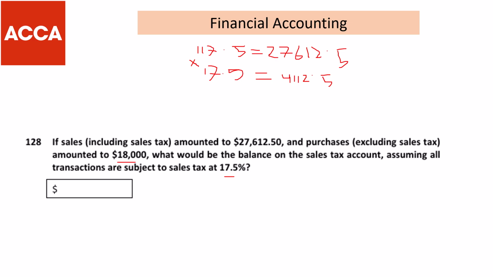What about the one on purchases? So purchases excluding sales tax amounted to 18,000. So all we need to do is take 17.5%, multiply by 18,000, and it comes to 3,150. Now we can offset this against our output tax.